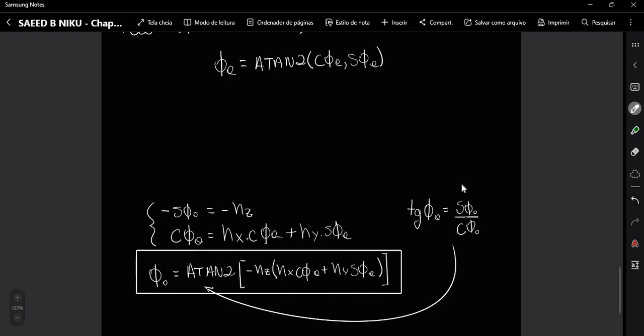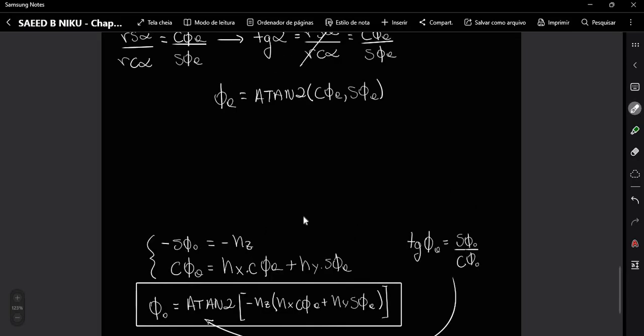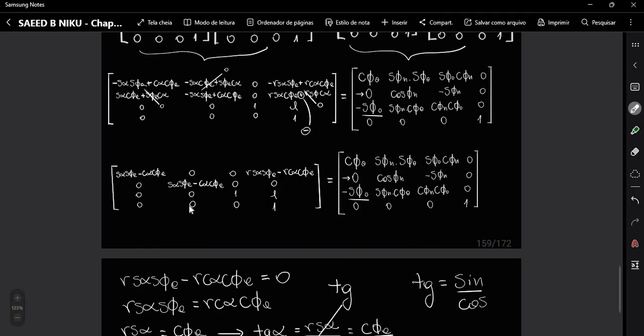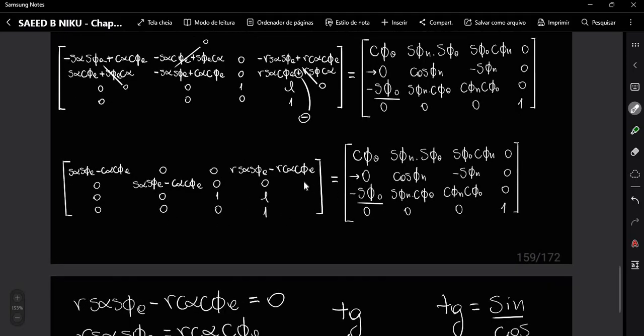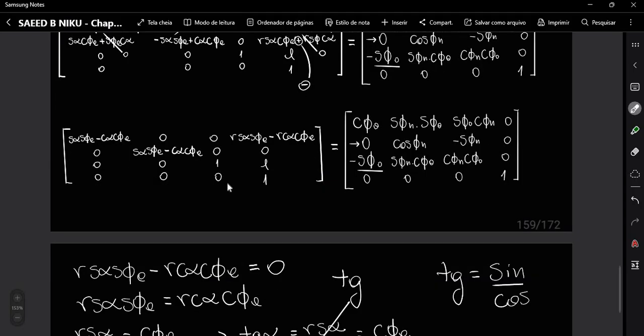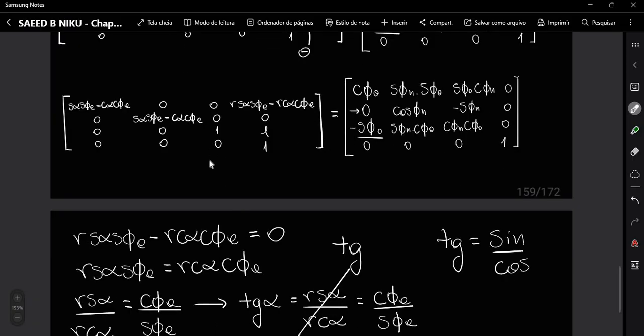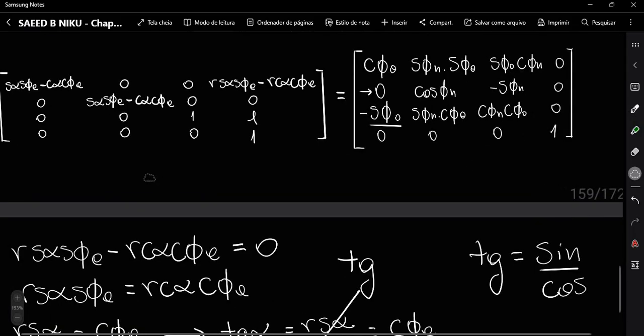Just to use as reference. So what other equation we can write? Well, we don't have too many options right here. Let's see.